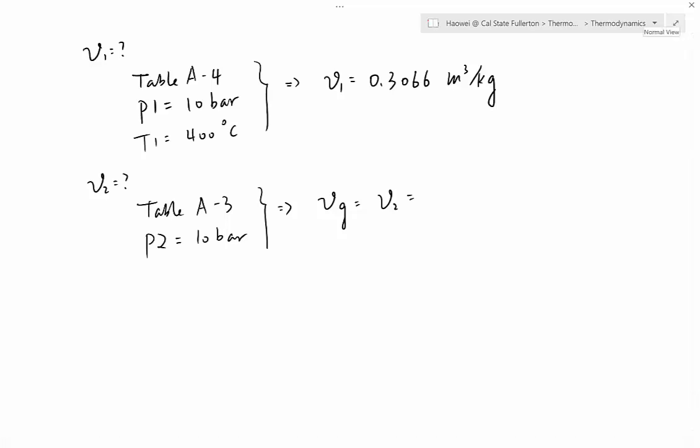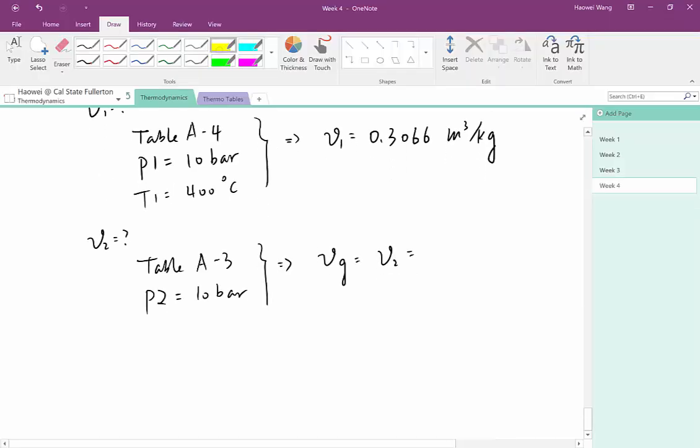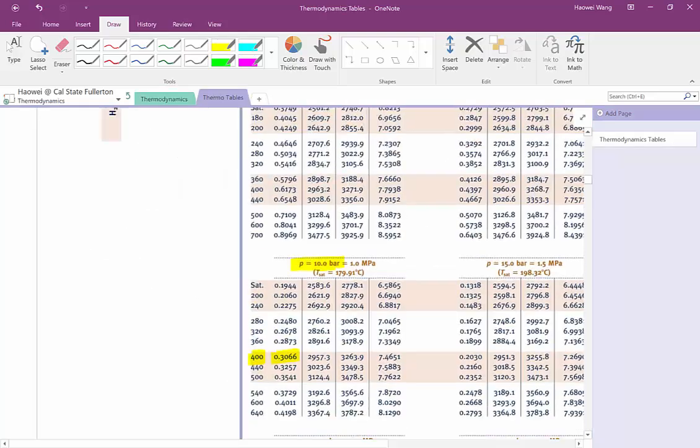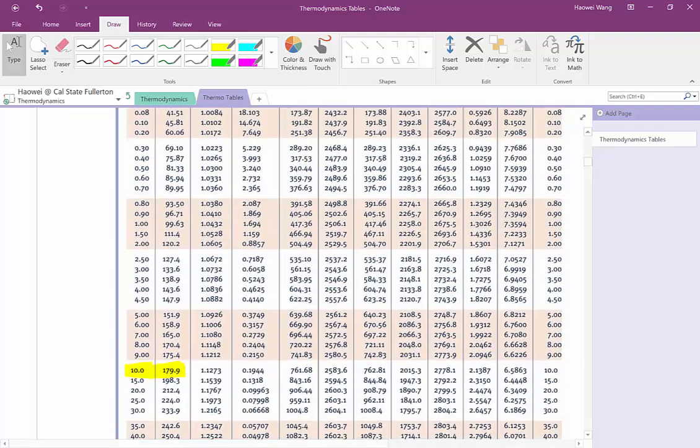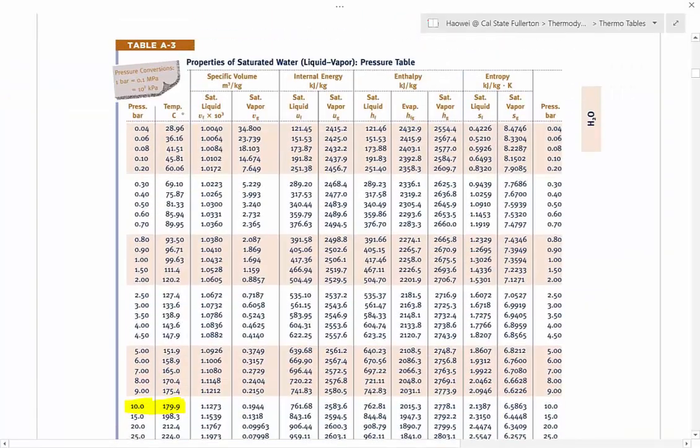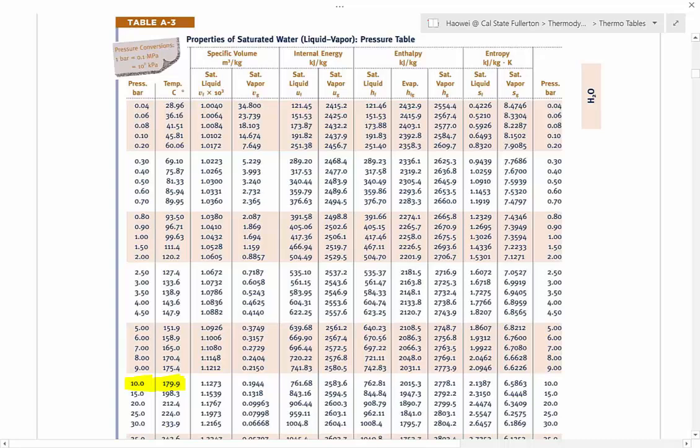All right, so let's go to table A3. Okay, so this is table A3, and we know we're going to start from 10 bar. 10 bar is already highlighted. And this time we're looking for nu G, and nu G is in the fourth column, and it's 0.1944.